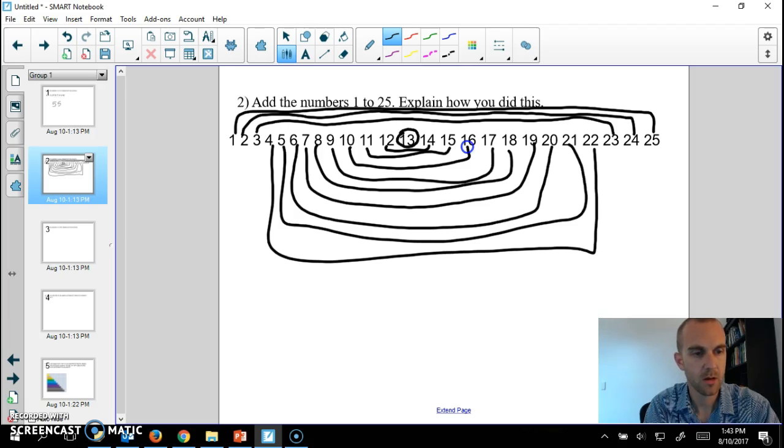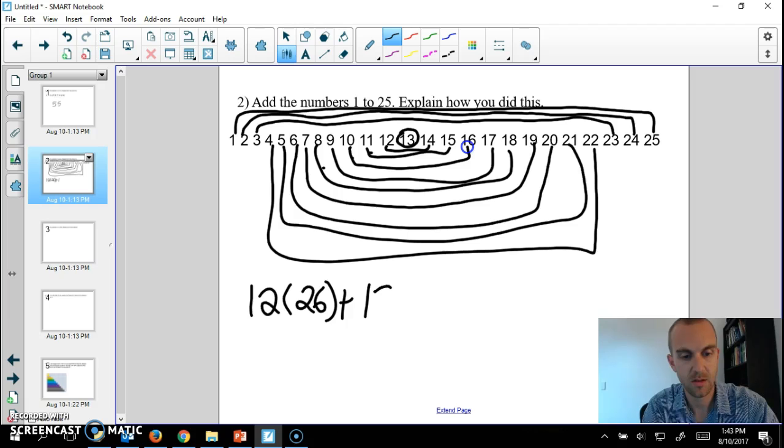Alright, so if I look here, I have 1, 2, 3, 4, 5, 6, 7, 8, 9, 10, 11, 12 groups of 26 plus the 13. So I can actually multiply that out and do 12 times 26 plus 13 to get exactly what this sum is. And if I multiply and add these numbers together, I will get to 325.